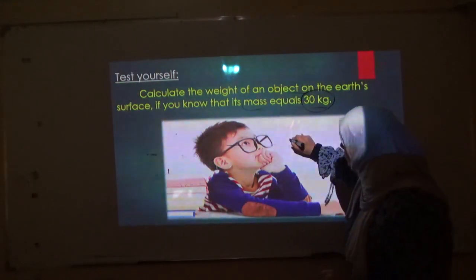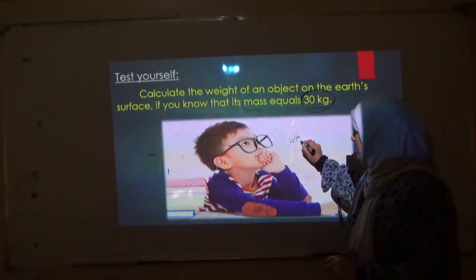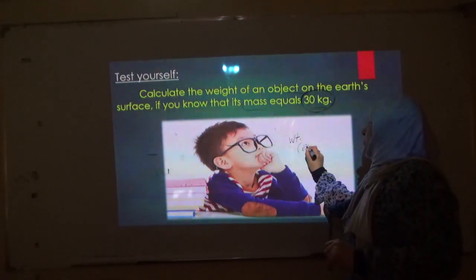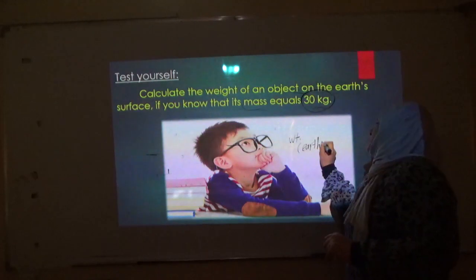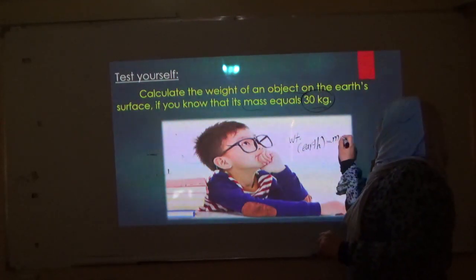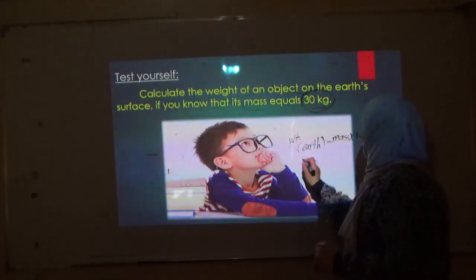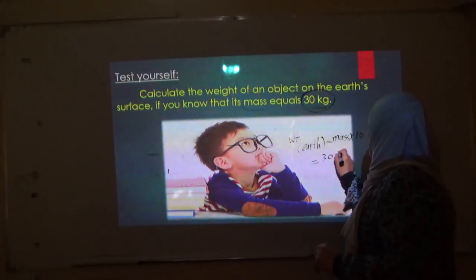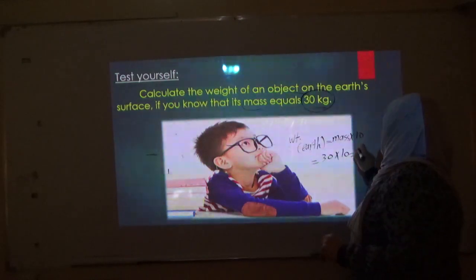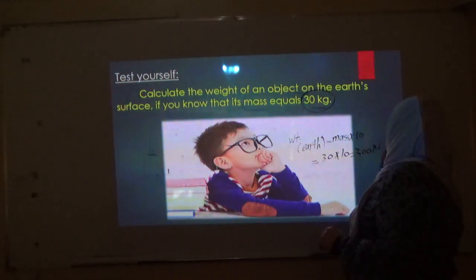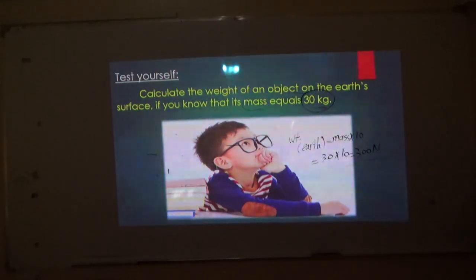The rule which can be used here: the weight on the Earth equals mass in kilograms multiplied by 10. So it will be 30 times 10, it will be 300 Newton, and this is the answer for this question.